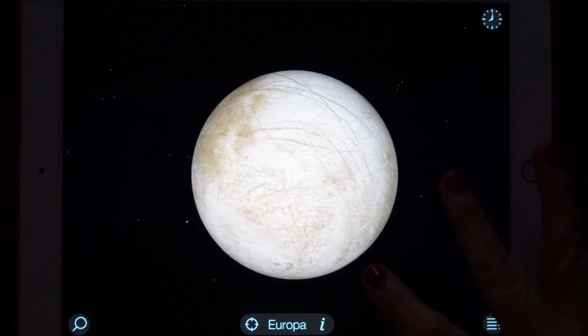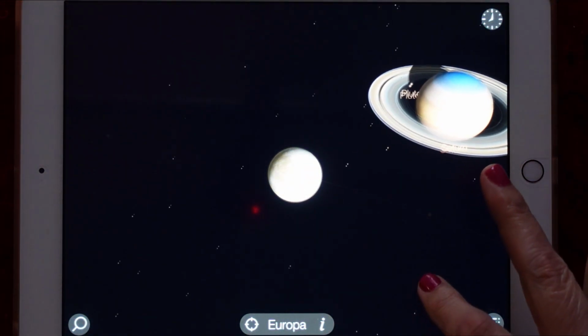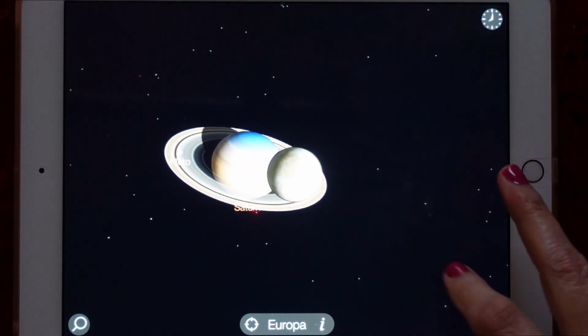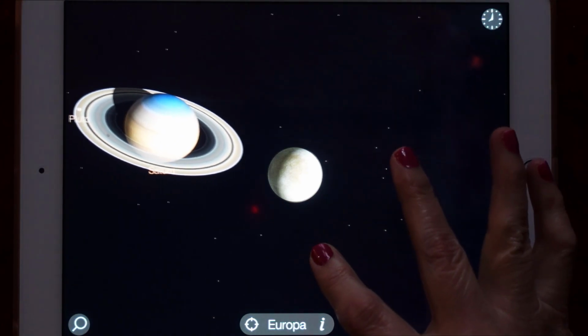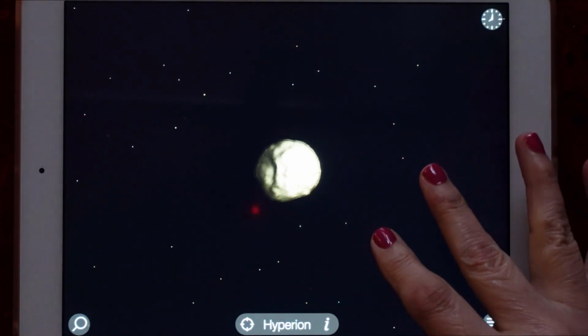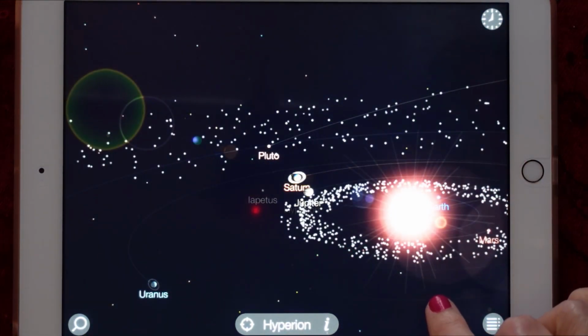Okay, let's have a look at another planet. Here is Saturn. Okay, so we've pulled right out now.